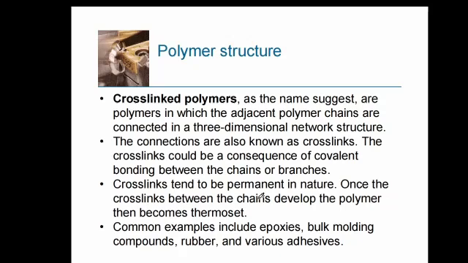And these cross-links are normally permanent in nature. And once the cross-links between the chains develop, a polymer then becomes thermoset. We shall learn more about what it means to be thermoset. Examples of cross-linked polymers include epoxies, rubber, and various adhesives.